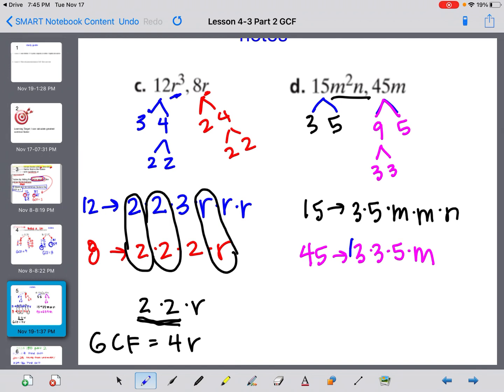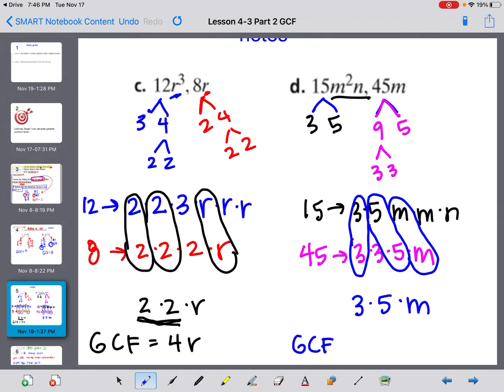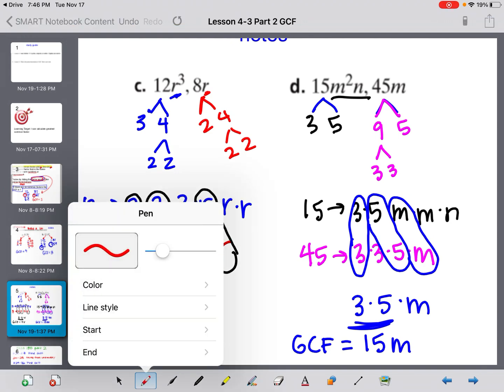Okay, then I ask myself again, what do they have in common? I see a 3 in common. I see a 5 in common. I see an M in common. 3 times 5 times M. GCF 15M. Where did we get the 15? Oh, 3 times 5 was 15.